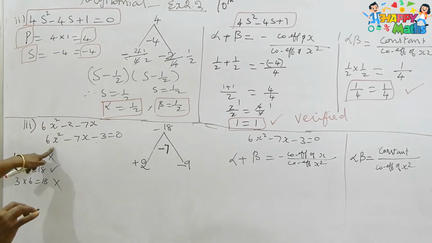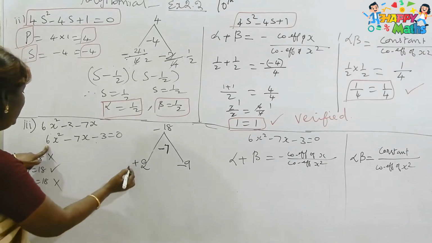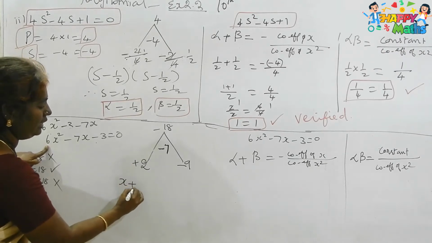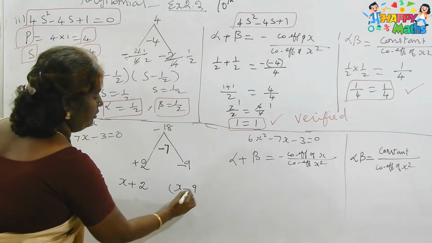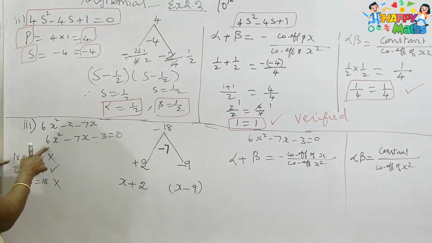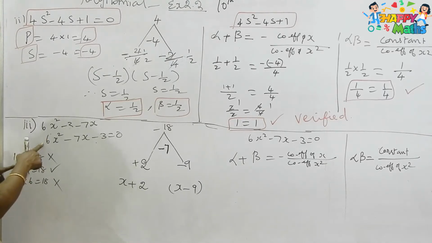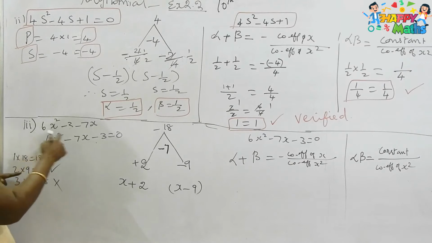But we have a coefficient for x square also. If the coefficient of x square is 1, we can straight away write x plus 2 directly, and here also x minus 9 directly. But here the coefficient is other than 1. So it has 6. Other than 1 means you have to divide by this coefficient.